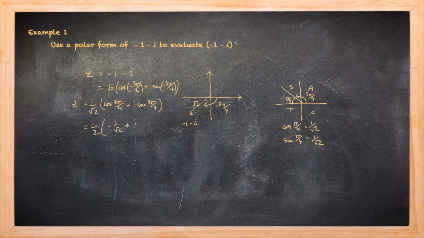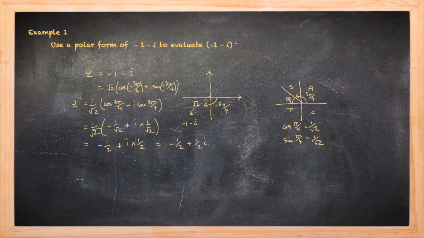And in the second quadrant, the sine is positive, so sine 3π/4 will be positive 1/√2. Let's multiply out. 1 over √2 times negative 1 over √2 would be -1/2. And similarly, 1 over √2 times 1 over √2 is 1/2, so it's plus i times 1/2. So we get the complex number -1/2 + 1/2 i. And that's our reciprocal using the polar form.